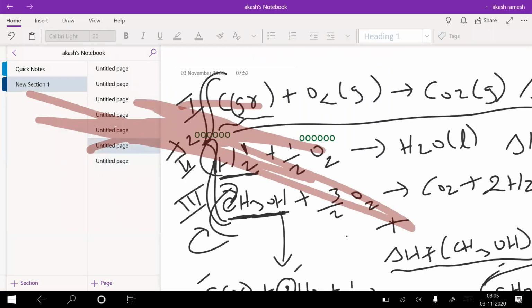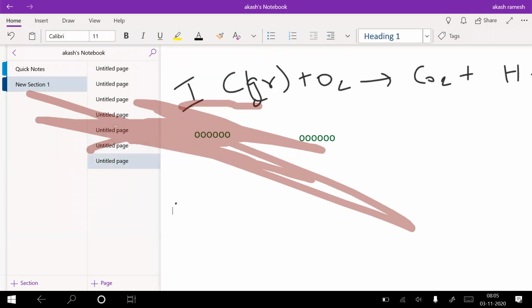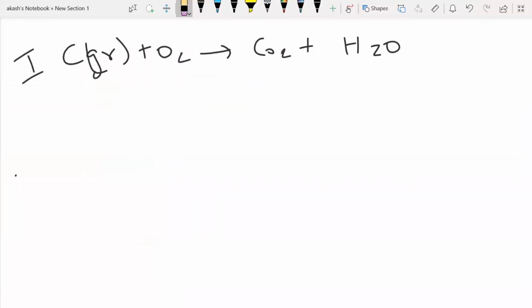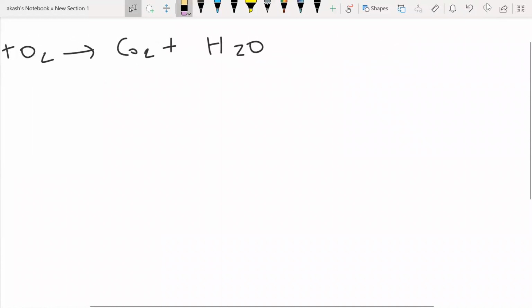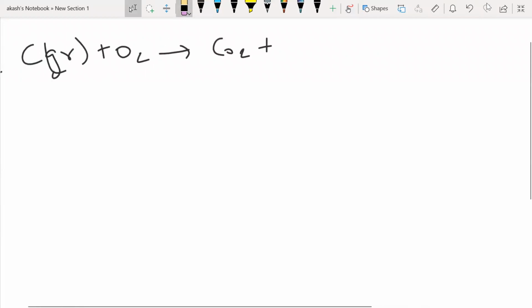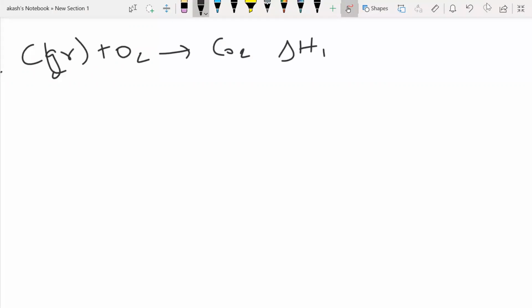Yeah, CO2 only. Right. So CO2 only. And for this, the enthalpy was something, say I'll call it as delta H1.